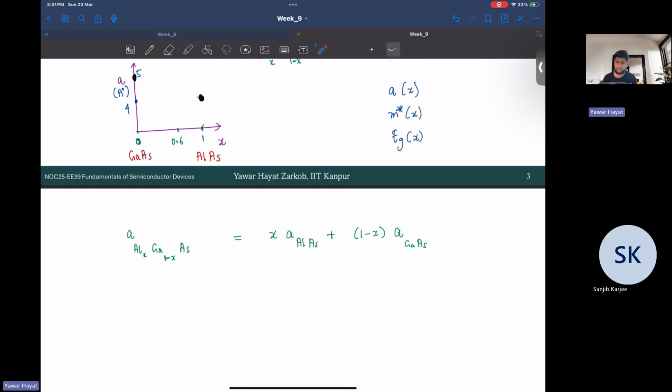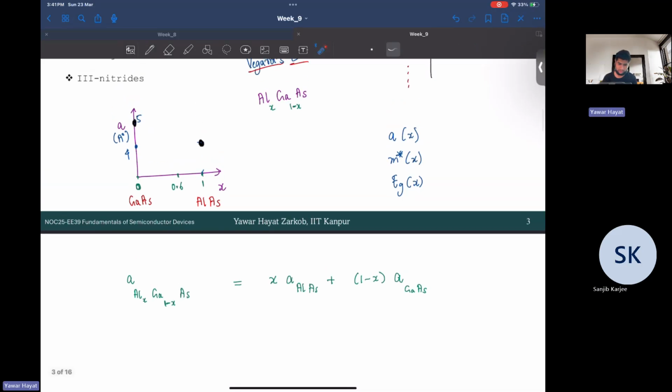Let's see if we get these two values. Let me write that so that we don't get confused. The lattice constant of aluminium arsenide, what is that? That is 4 angstrom, right?